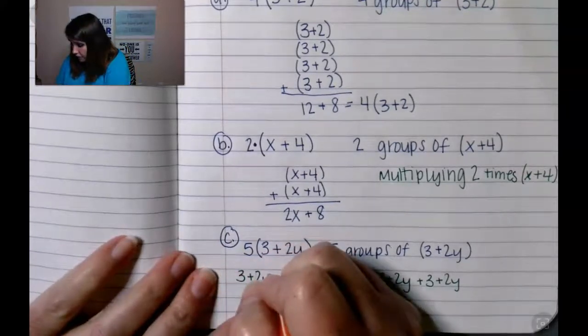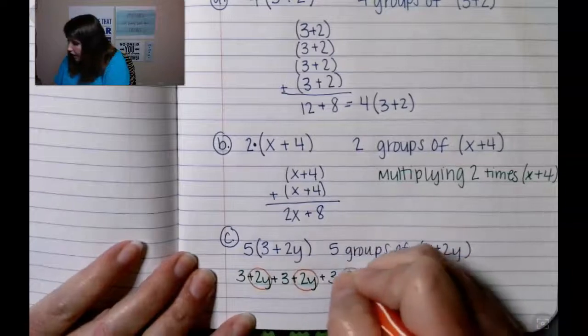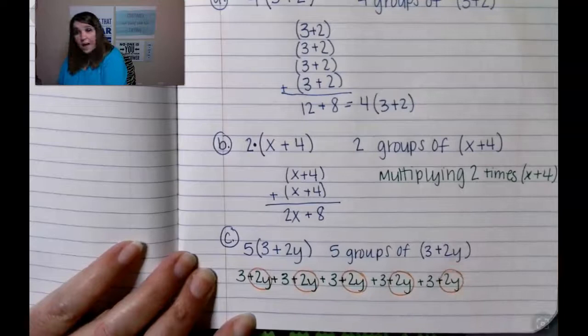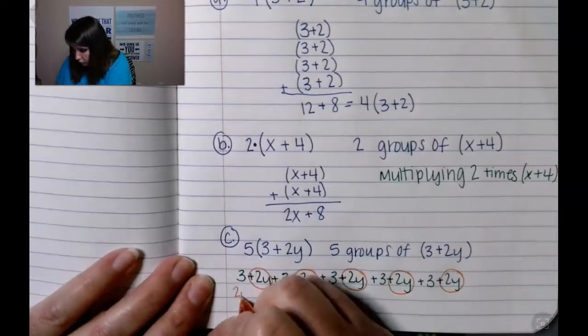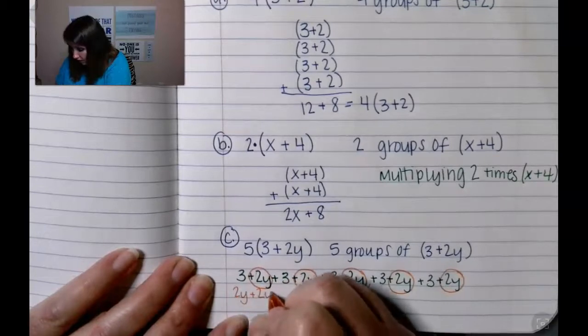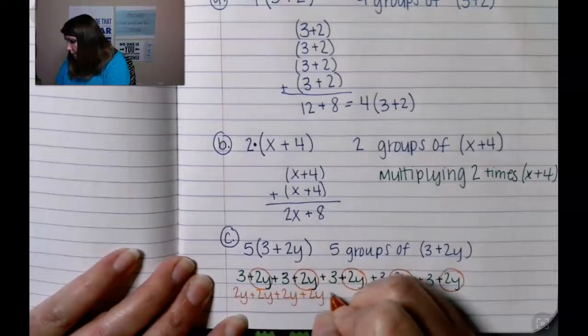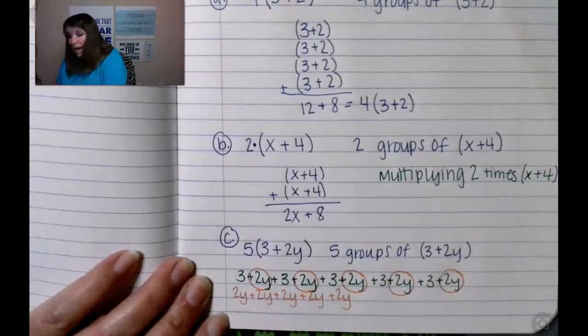I have 2y, I have a 2y, I have a 2y, I have a 2y, and I have a 2y. So I have 2y plus 2y plus 2y plus 2y plus 2y. 1, 2, 3, 4, 5 2y's.